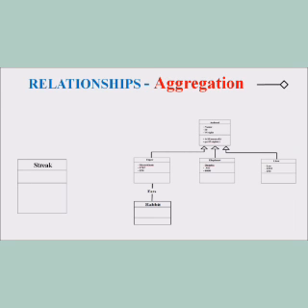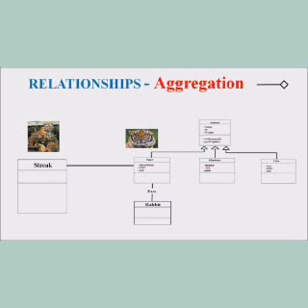Streak means a group of tigers, or a streak is associated with a tiger. That is, a streak is an aggregation of the class tiger. All the properties of tiger can be grouped into the streak class, and the streak class has more than one type of object.